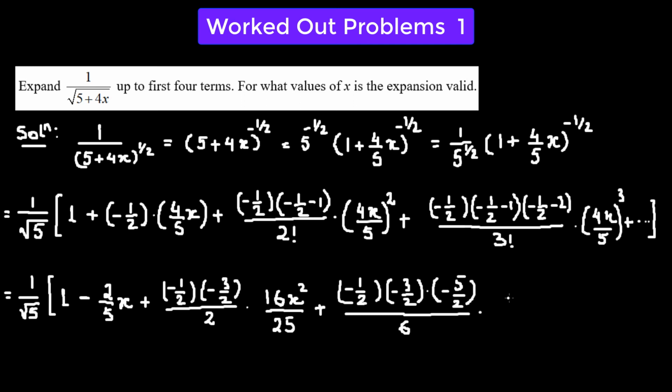So 4 times 4 is 16, 16 times 4 is 64. So we have 64x cubed in the numerator, divided by 5 cubed, which will be 125, plus the remaining terms.